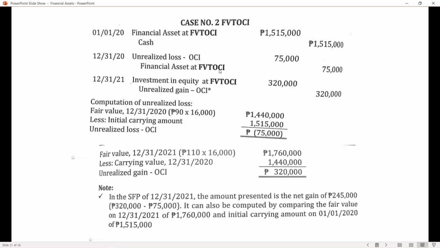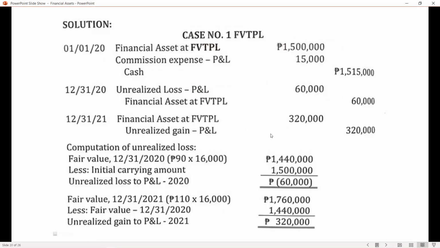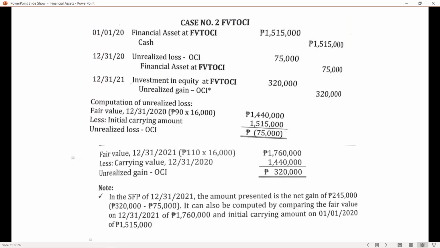Now, ang unrealized loss niya under OCI is at fair value, which is ito 90 pesos times 16,000 shares, kaya siya naging 1,440,000 less initial carrying amount, which is ito 1,515,000, kaya yung unrealized loss natin 75,000. Compare dito kay FVPL, 1,500,000 lang yung initial carrying amount niya kasi nga hindi niya sinama si transaction cost. So yun yung kaibahan nila, guys, sa initial measurement.